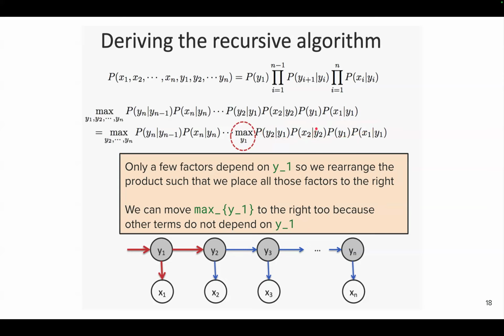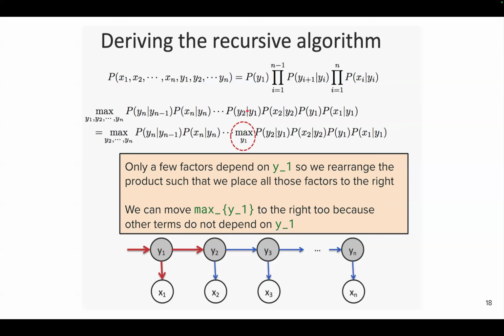Ignore the fact that this one does not. So finding the y1 that maximizes all of this is going to be the y1 we need, because all of these others do not depend on y1. So they are like constants. We don't need to consider them when looking for which tag should be the first one.